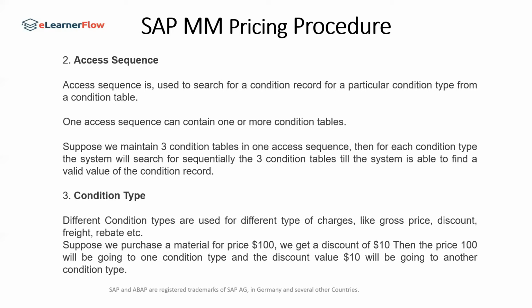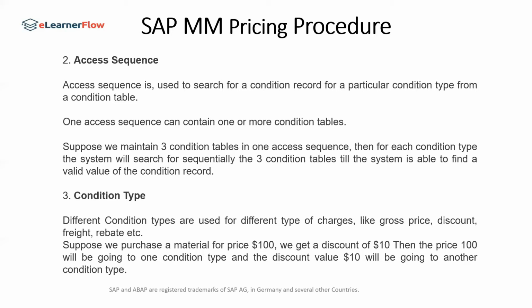Now, the next configuration is the condition type. Different condition types are configured for components like the gross price, discount, freight, surcharge, rebate, etc. Suppose if we are purchasing a material for a price of $100 and we get a discount of $10, then the price 100 will go into one of the condition types.